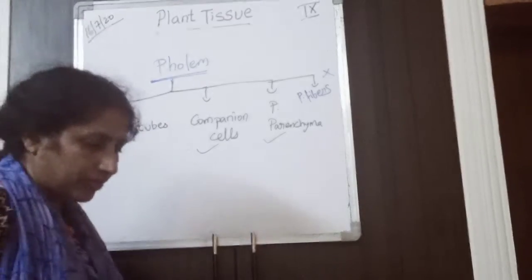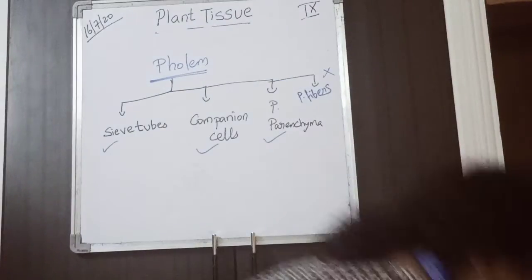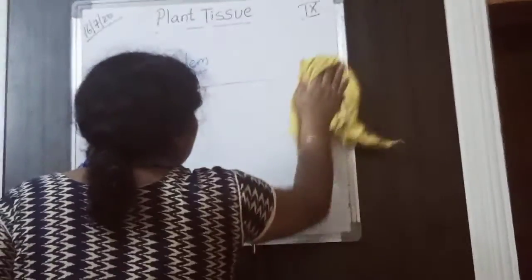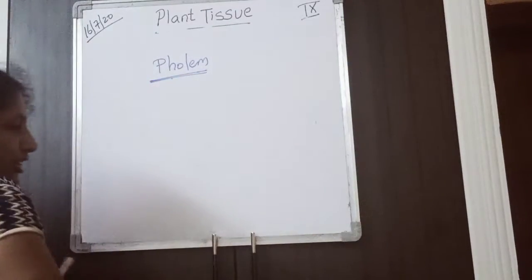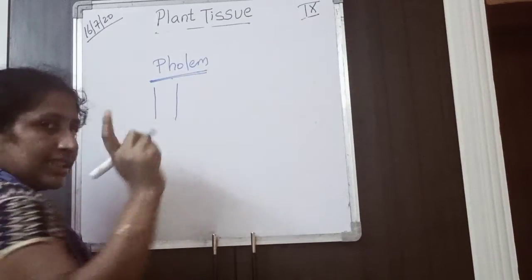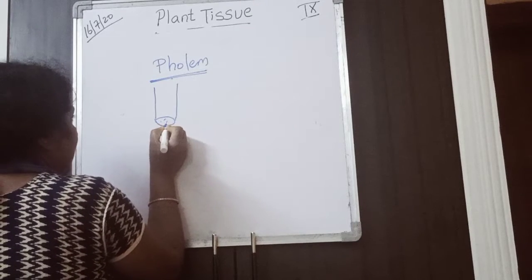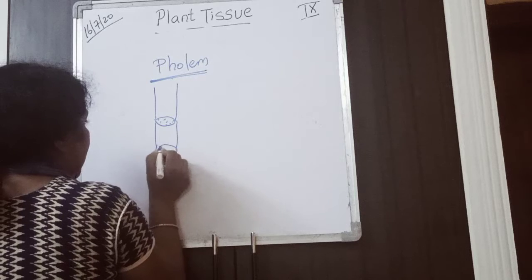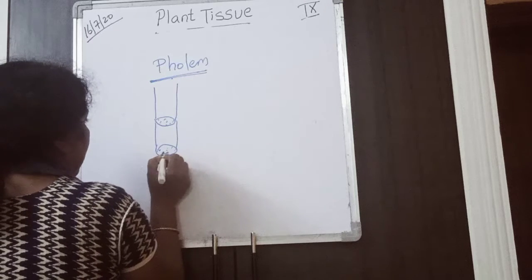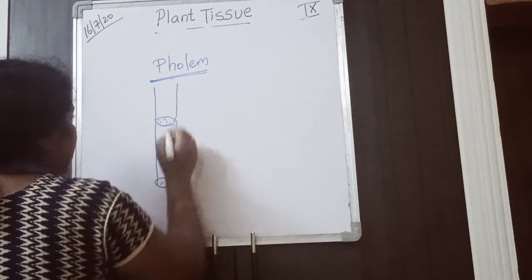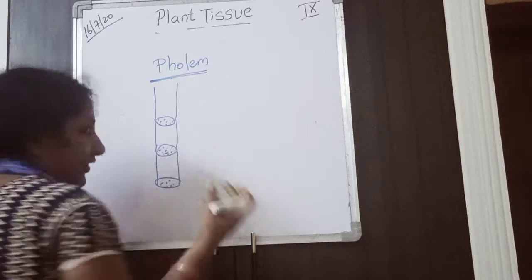Okay? Clear. Now if you see the structure of sieve tubes, it will be almost similar to the xylem vessels, but they will have sieve plates in between them. They will have sieve plates in between the tubes. So these are the sieve plates.